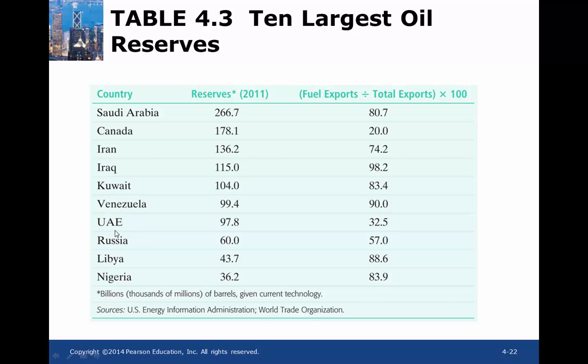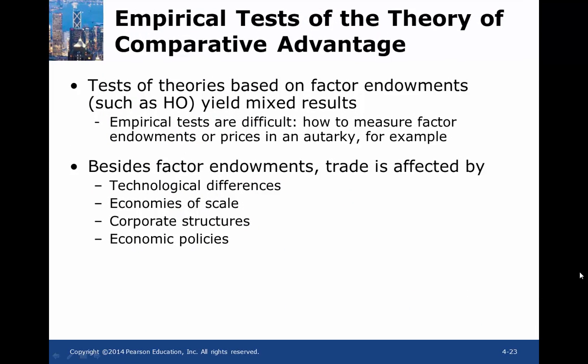And you can see that Russia, Libya and Nigeria are also in the order. And you can see that the top 4 countries export the maximum amount of fuel and oil in the world.